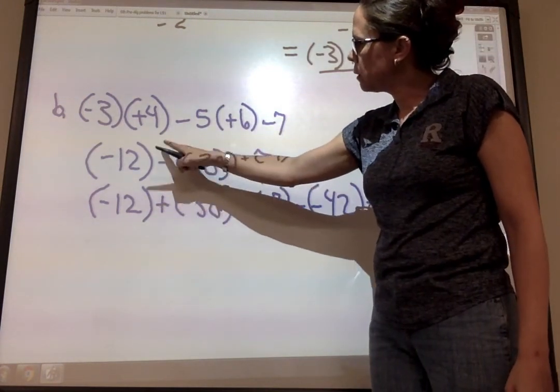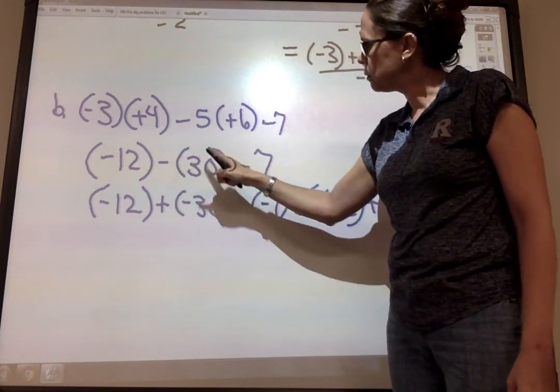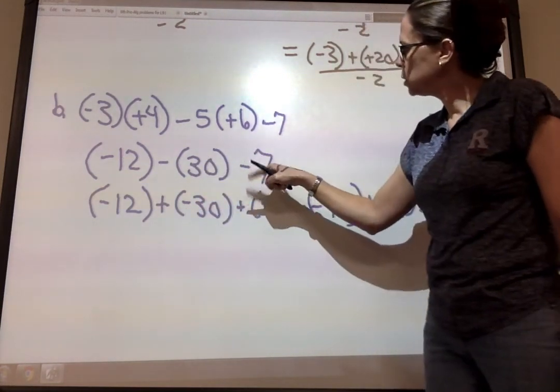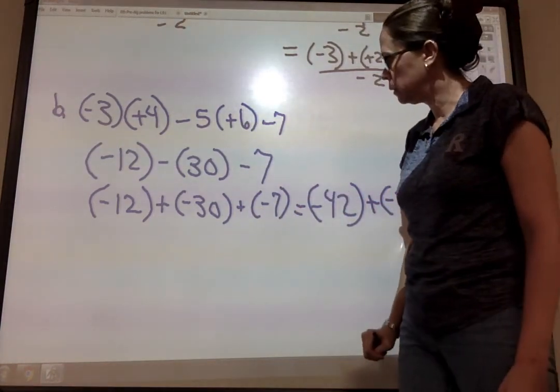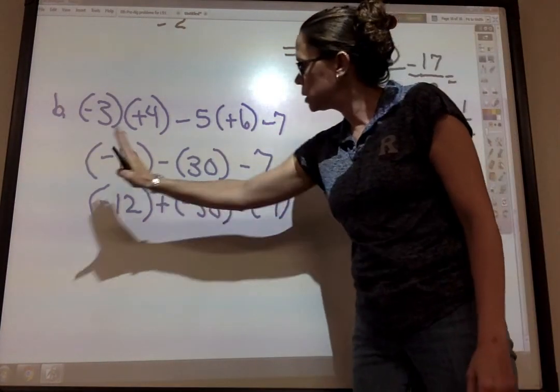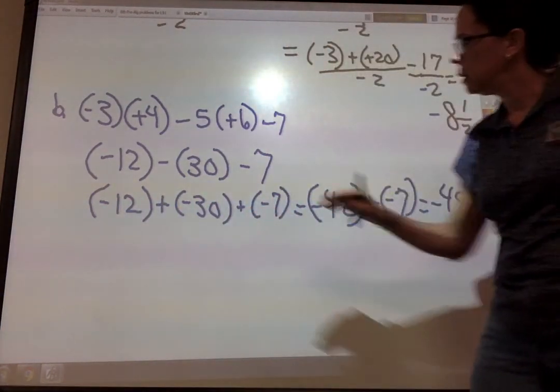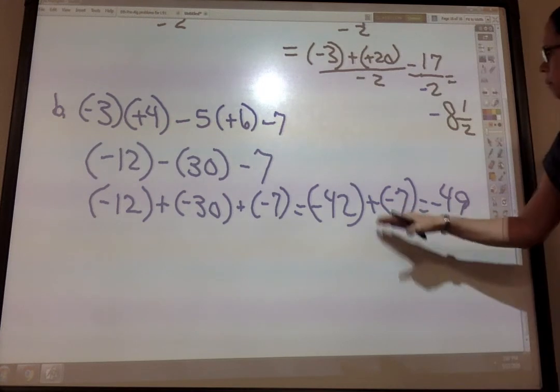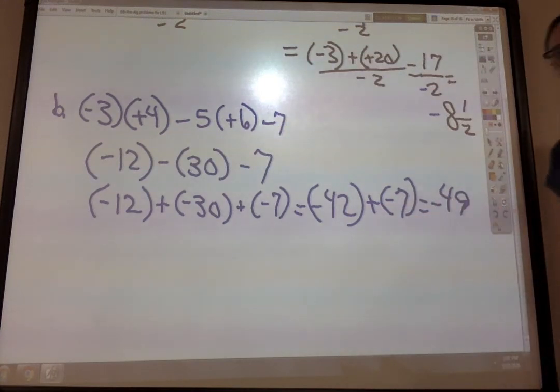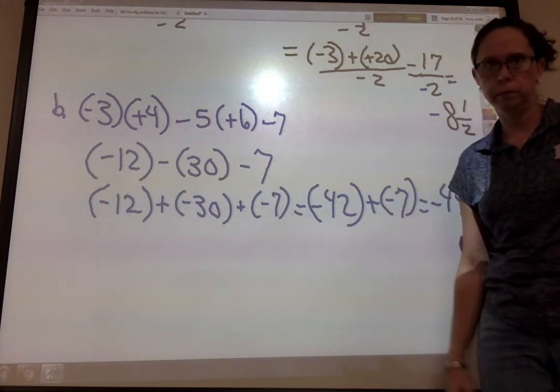I don't want to subtract, I want to add the opposite. Add, opposite of 30 is -30. I don't want to subtract, I want to add the opposite. Add, opposite of 7 is -7. So now I have all addition. Now I'm just going to add from left to right. -12 and -30 make -42. Plus a -7 makes -49. Okay.